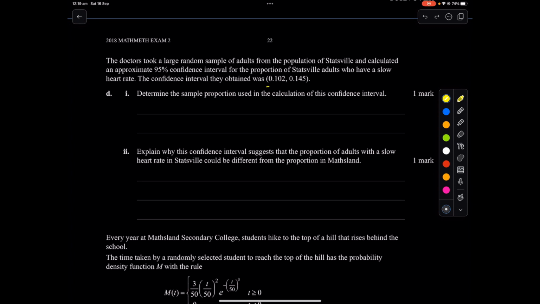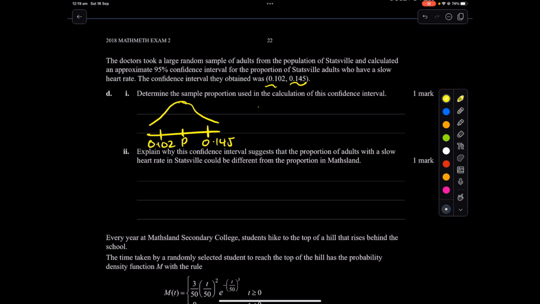Very easy. If you are given the actual confidence interval, you can just draw yourself a nice normal distribution graph, with your actual proportion P here, and these values over here are equal in distance. So if this is 0.145 here, and this is 0.102 here, how do we get P? Well, we add them and divide by 2.